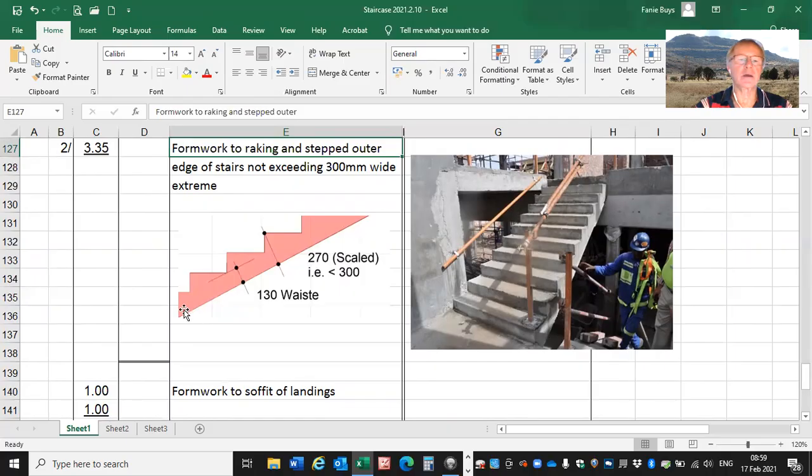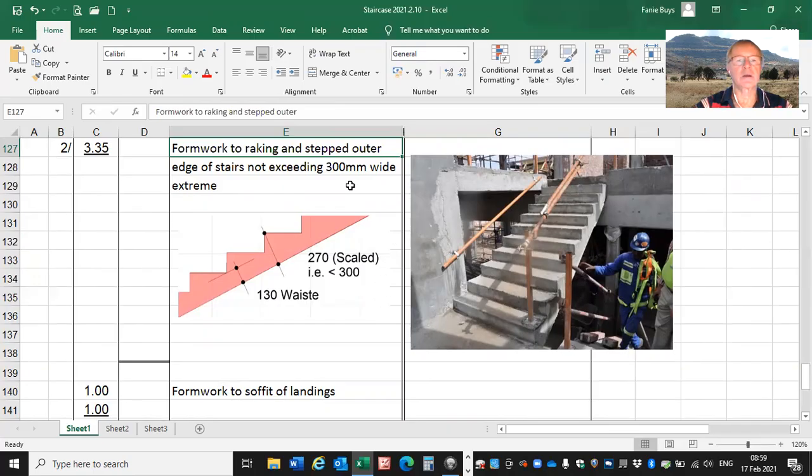It is raking, goes up, it is not horizontal, it is not vertical, it is raking, and it is stepped. So there's where the description comes from. Formwork to raking and stepped outer edge of stairs, it's the outer edge of the stairs.